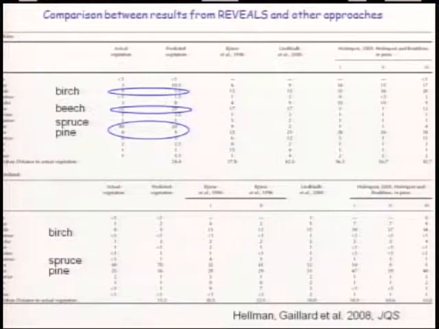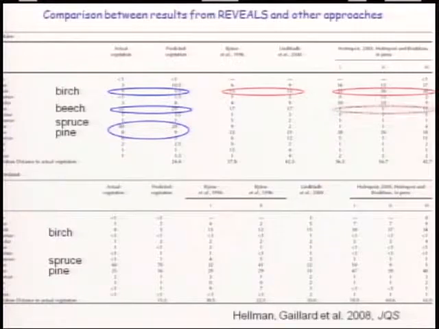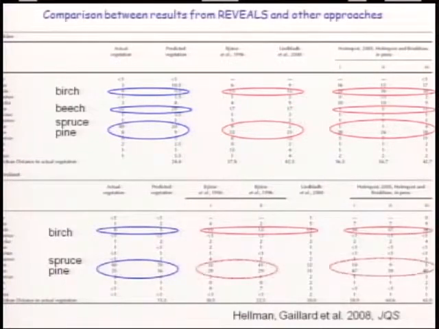In this case, you see for birch, beech, spruce, and pine that the percentages are quite correct compared to the actual vegetation, while the earlier reconstruction shows either underrepresentation or overrepresentation or even inverse representations. And this is the case in the different regions we have looked into.